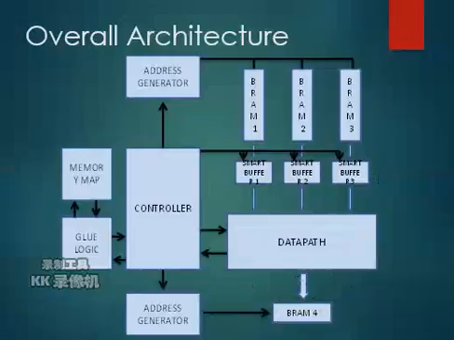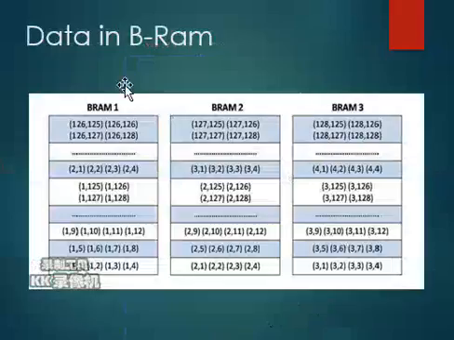We can see it in a detailed way, and this is how the BRAM should look, because we store different lines in the BRAMs. For example, in BRAM 1 we store line 1 to line 126, in BRAM 2 we store lines 2 to 127, and in BRAM 3 we store lines 3 to 128.